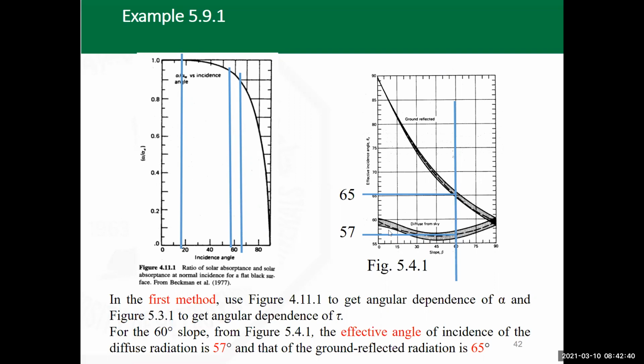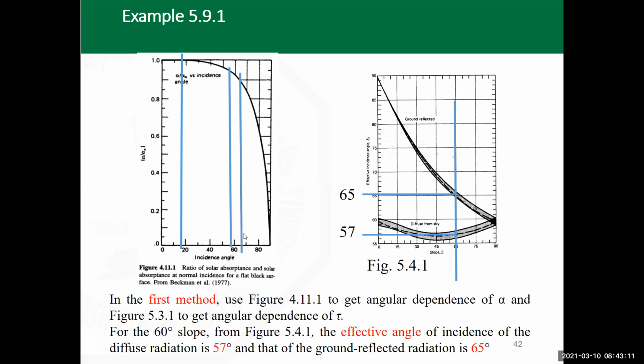The whole lower curve is for diffuse radiation from the sky, and you can see the angle is 57, whereas the one for the reflected radiation is about 65. This line is not really horizontal, but if you have a horizontal line, it will point to a value of 65. So we have three components and three effective angles.